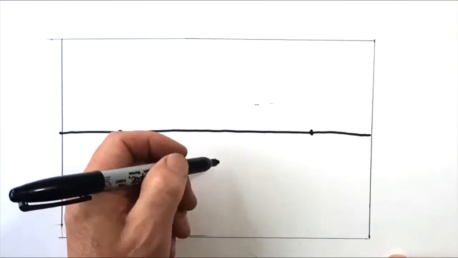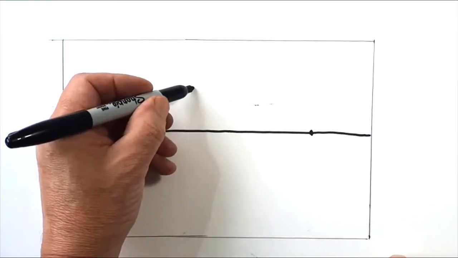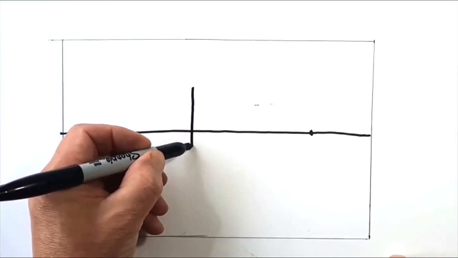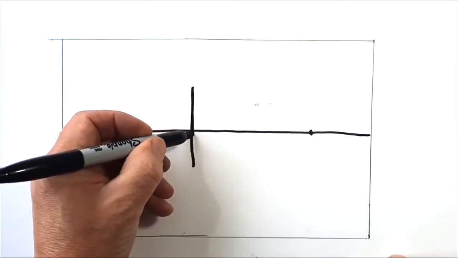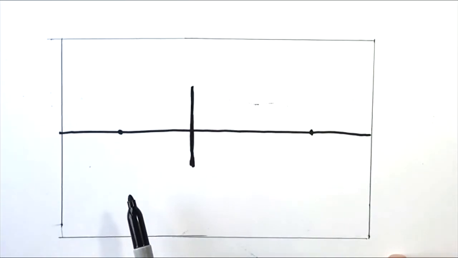Now what I could do in the middle here is place an object. Let's say it could be just a line there, and it can be positioned here, and that could be, let's say, the corner of a building or whatever.